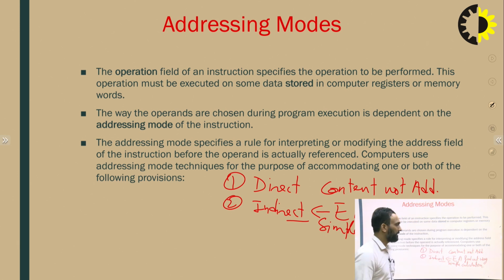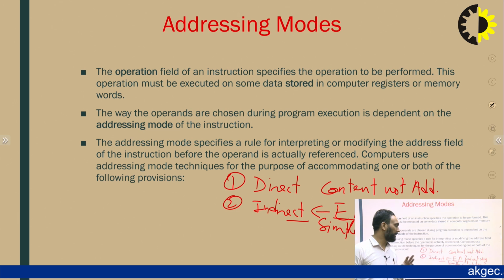This calculation is described in the format of the different addressing modes. Here I discuss one term, effective address. The effective address is nothing but the address where the content is stored, and the effective address may be in a register or at a memory location.